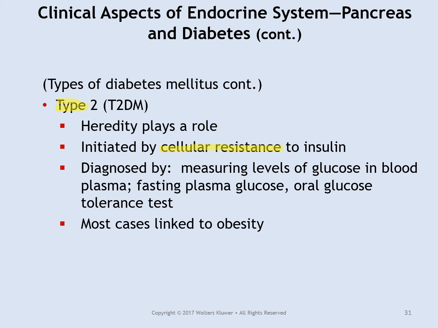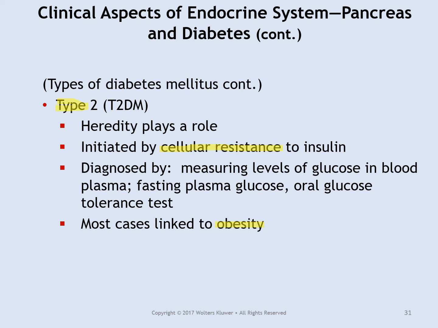And again, you have almost the same means to diagnose it, and obesity is often involved because fat tissue does not process glucose as well, and it kind of becomes a vicious cycle. A person gets heavier, predisposes them to type 2 diabetes.